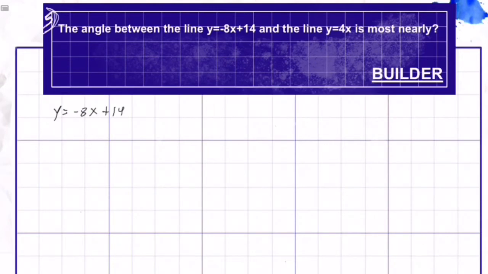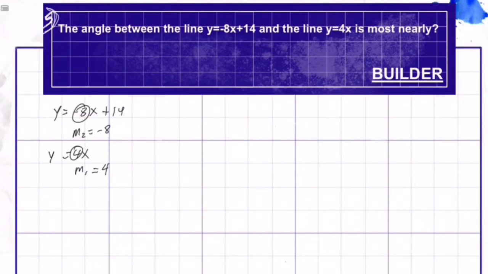We notice that the slope is negative 8. That is the second slope, negative 8. And the second equation, we have that y equals 4x. We have that the first slope is equal to 4.